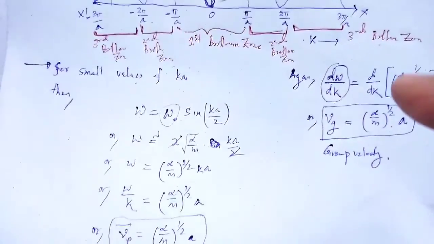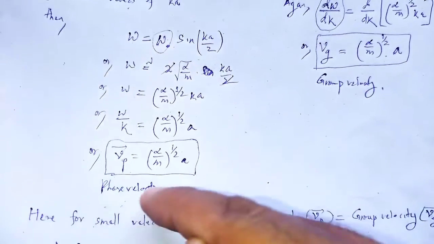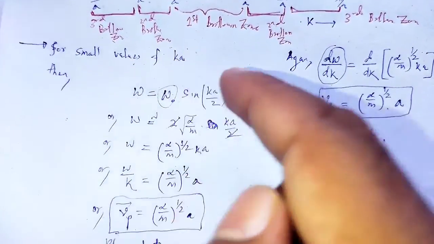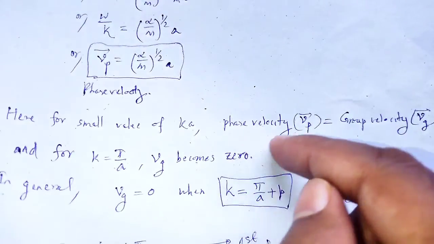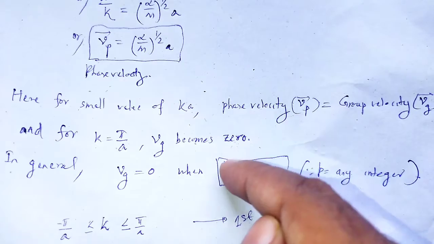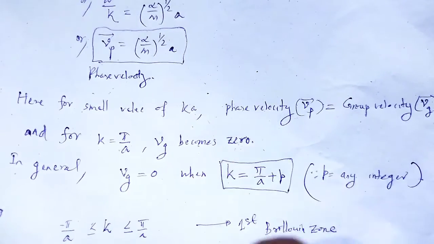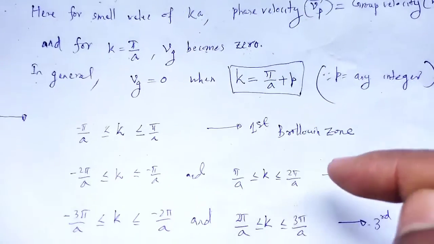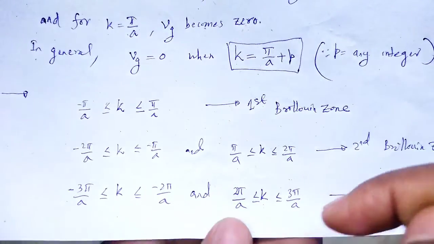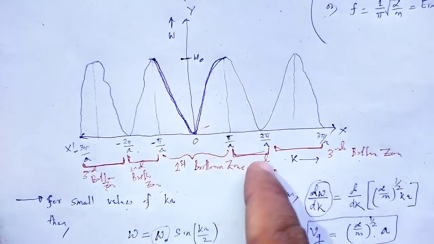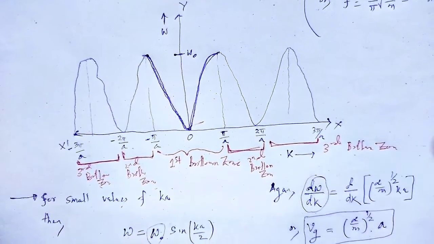From the graph, we showed that phase velocity and group velocity are the same for small values of Ka, and that leads to the generalization of the value of k. By generalizing that value, we obtain the Brillouin zones: first, second, and third.